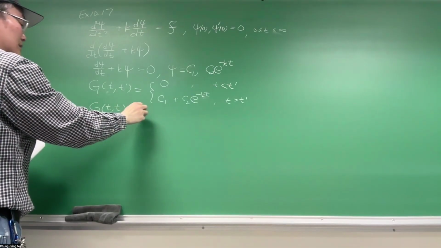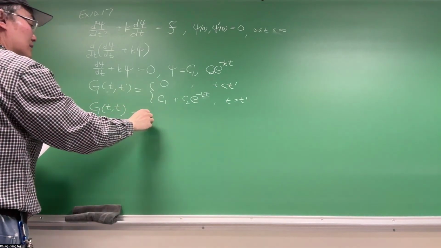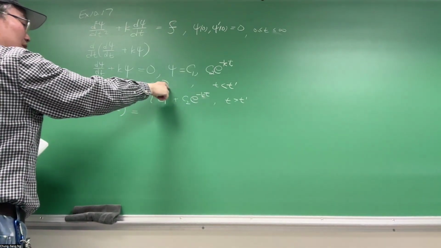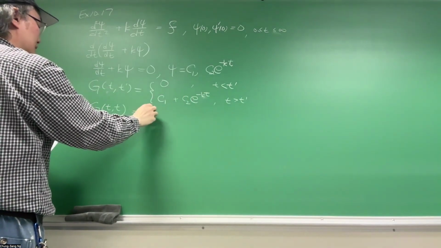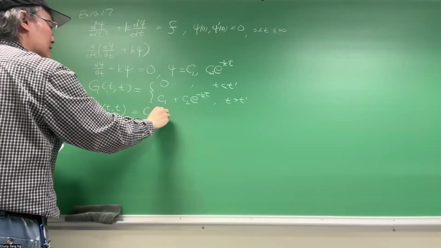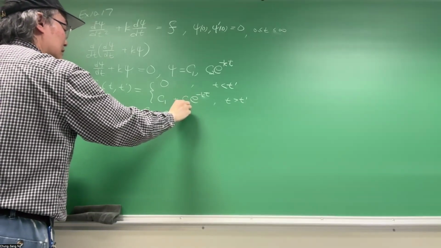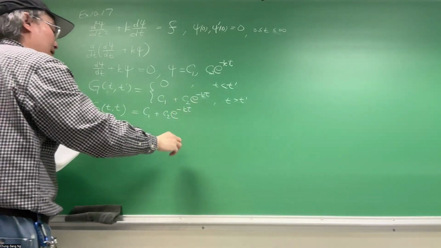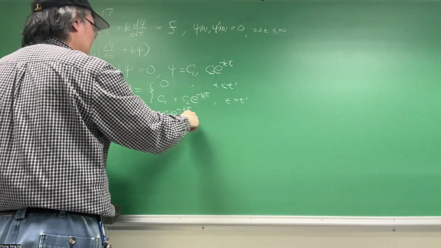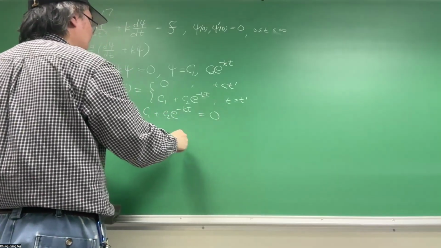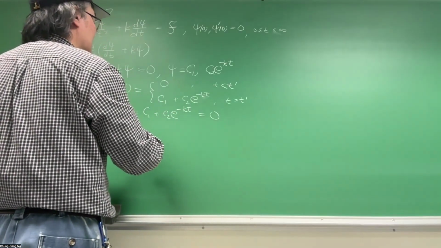For it to be continuous, c1 plus c2 e to the minus k t equals 0.